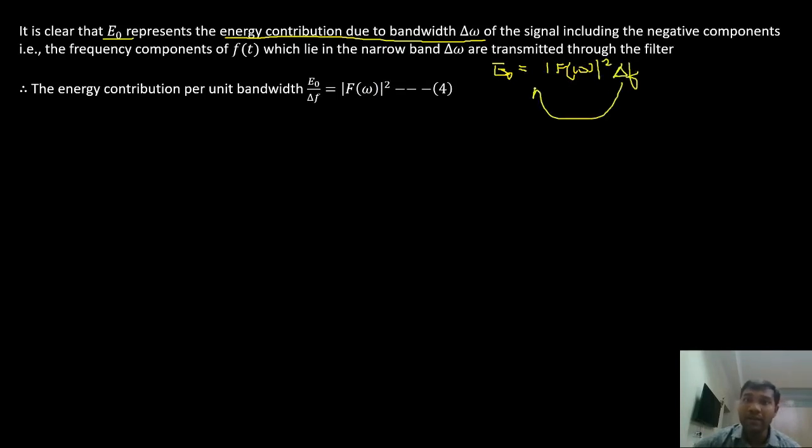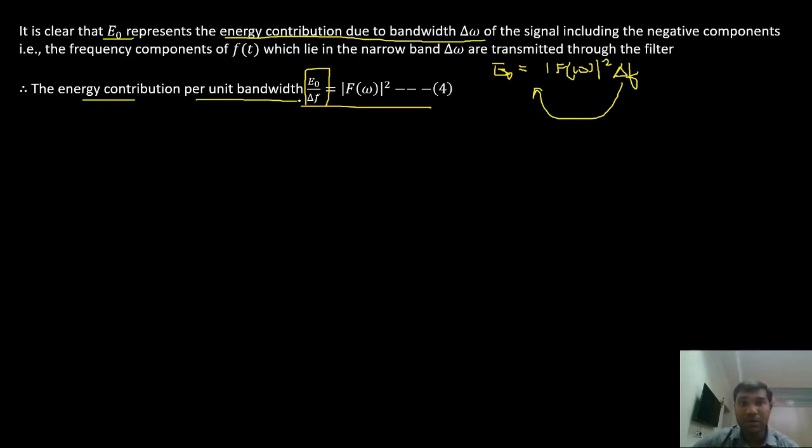Now if I get this delta f to the other side, E naught divided by delta f is equals to mod f of omega whole square. This is nothing but my energy spectral density, the energy per unit bandwidth, right?